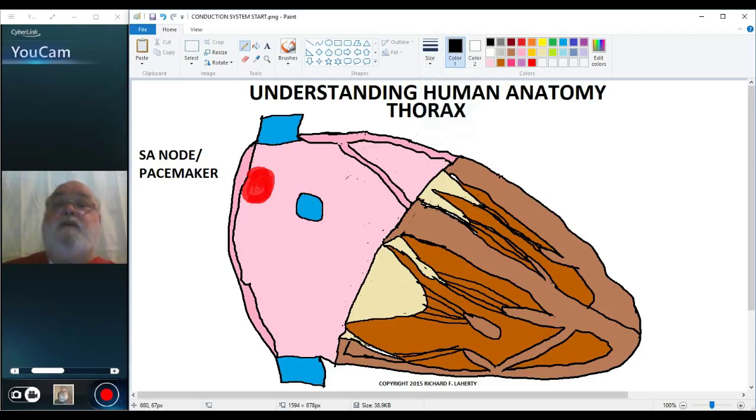And the pacemaker initiates each beat of the heart. And when it reaches its threshold potential, it conducts an action potential, and that action potential is conducted through the heart muscle.